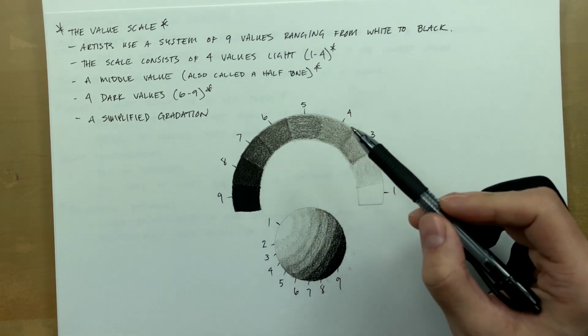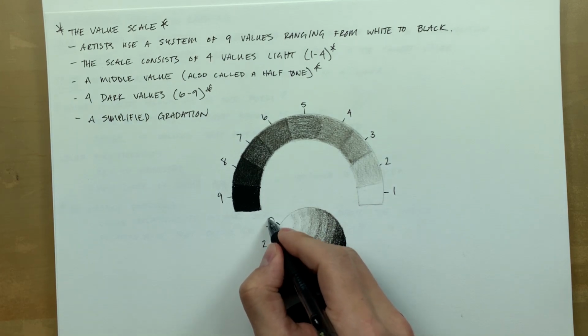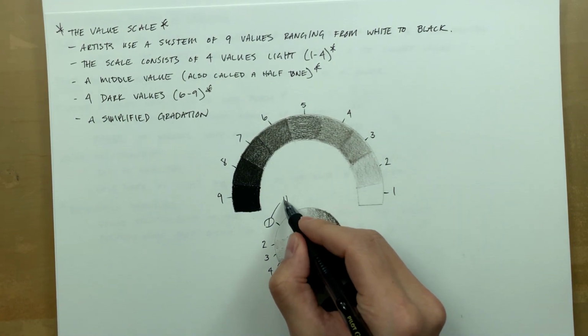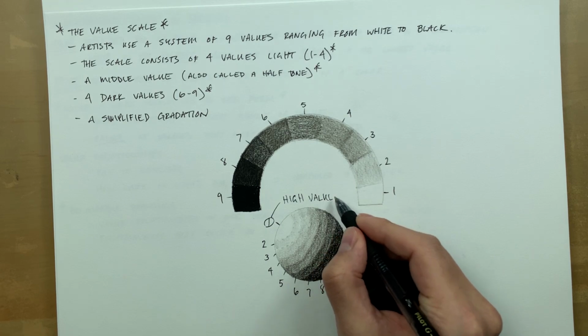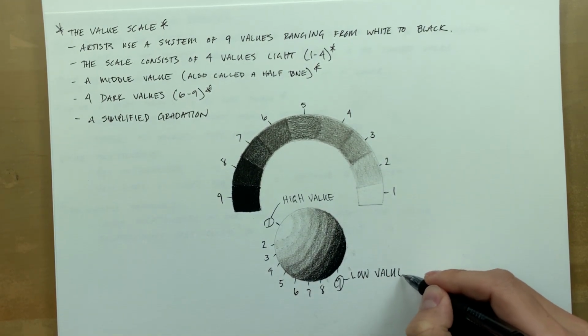But this is the value scale, and then of course this is what it looks like in a three-dimensional form, such as a sphere. And remember that complete white equates to the highest value, while complete black equates to the lowest value.